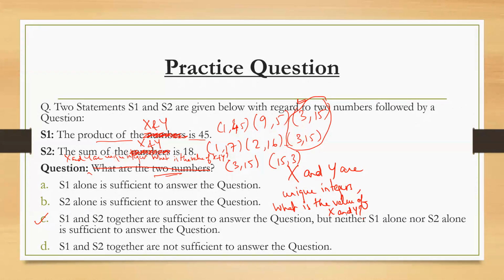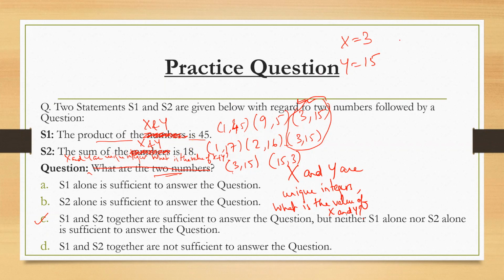So here the answers will again be the same, 3, 15 and 15, 3. But what is the problem here? The problem is there are two possible values of X and Y that we can take. Either X can be 3 and Y will be 15. This will satisfy both the statements that are given.